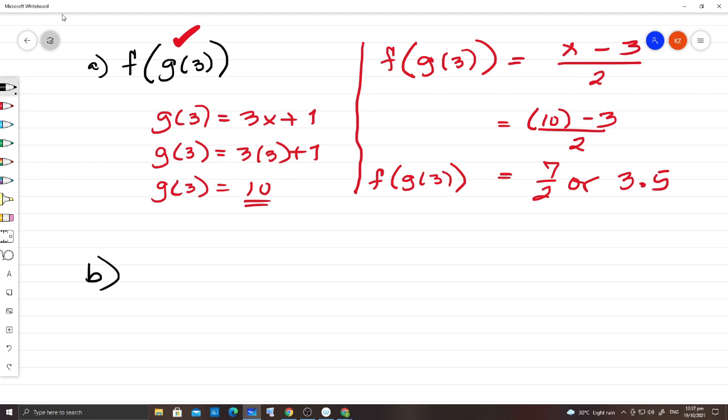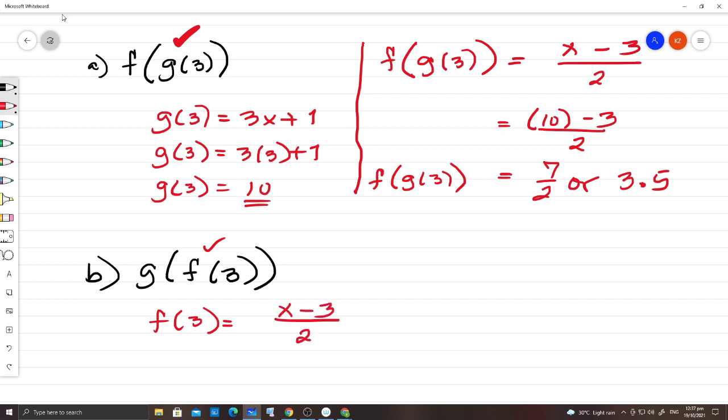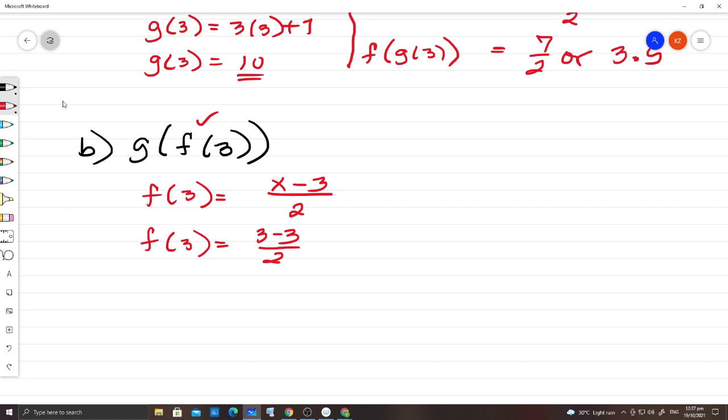Letter B, the opposite. g composed of f of 3. So reverse. At first, we have to find the value of f of 3. f of x is x minus 3 over 2. So f of 3 is equal to 3 minus 3 over 2, which is 0 over 2, or 0.